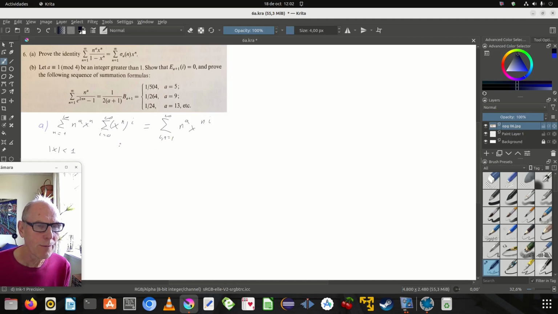So we define a new variable k as the product, and then when we have the product we let n sum over all the divisors. That's simple, and then we sum over n to get sigma a of n x to the kth.